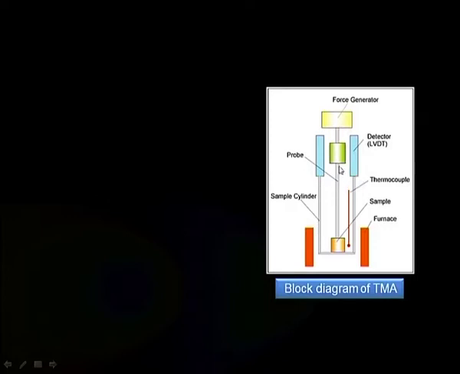You can see here the probe and a thermocouple to monitor the temperature. So, with the help of this force generator, we apply some fixed force, and with the help of this furnace, we apply temperature and monitor with the help of the thermocouple.